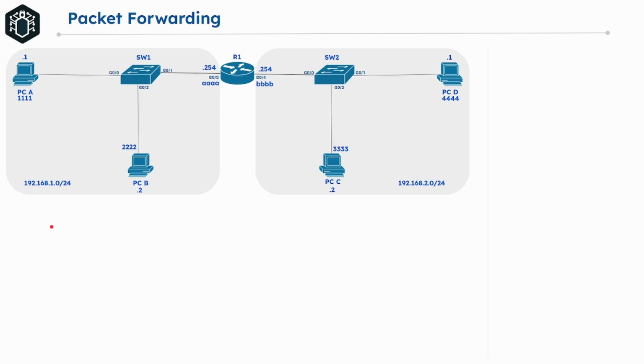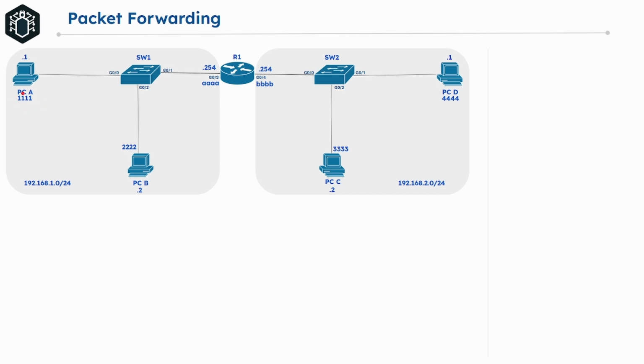Alright, to understand this journey, let's first look at our network. We have two different networks here. On the left side, we have a network 192.168.1.0/24, and in this particular network we have a PCA with an IP address of 192.168.1.1 and with MAC address of 1111.